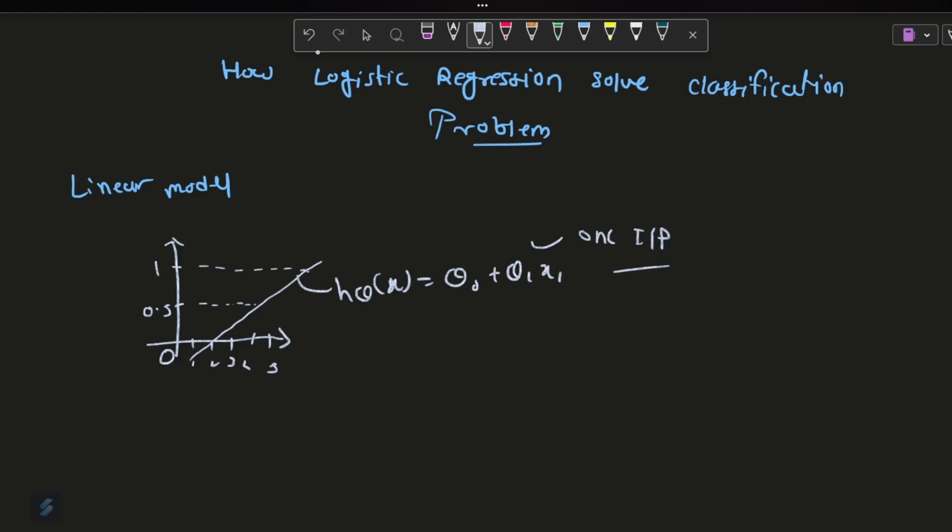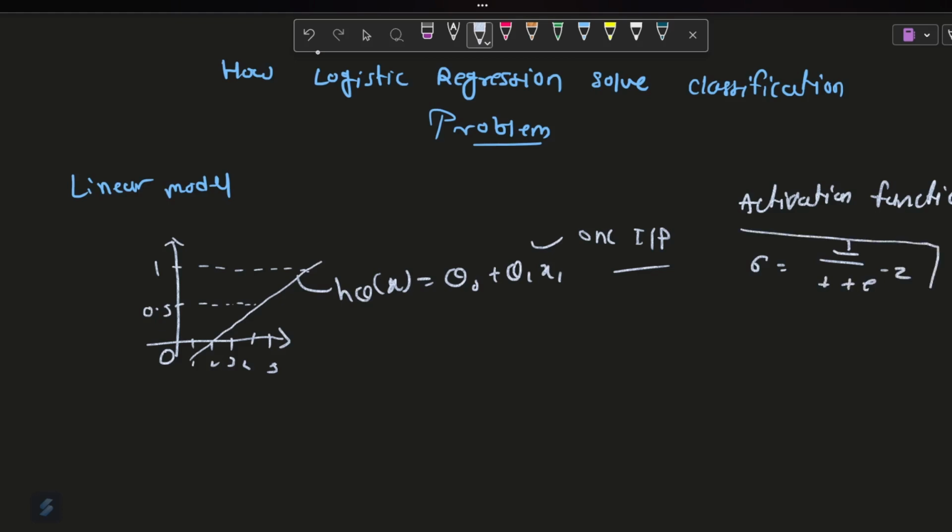But when you learn about logistic regression, we need to skew it. So for that we use one concept: in logistic regression, we use the activation function. The activation function is sigma equals 1 divided by 1 plus e to the power minus z.